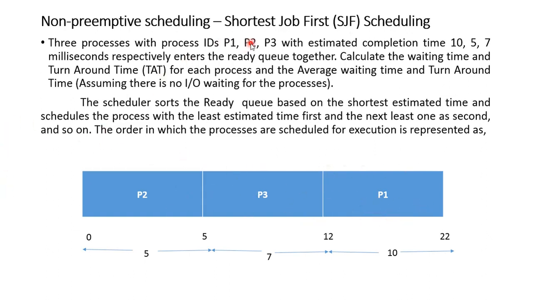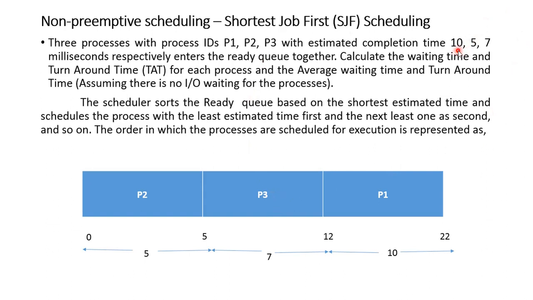We had P1, P2, P3 entering the ready queue with estimated execution times of 10, 5 and 7 milliseconds. The process with the least execution time is P2, so P2 comes first. The next higher execution time is P3, so P3 comes next.